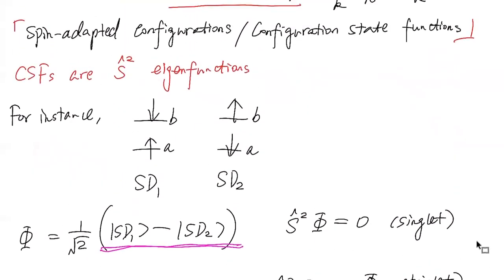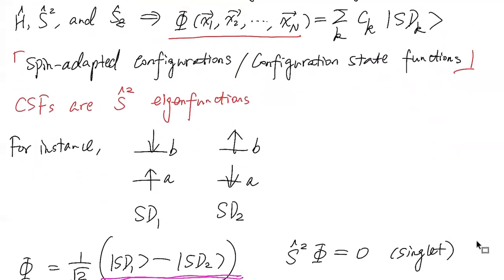I should also say that phi, this configuration state function, is not in general the total many-body wave function for a system, because it only represents a particular arrangement of the electrons on the spatial orbitals. For a system, the total wave function in general is a linear combination of all the possible arrangements of the electrons on the spatial orbitals.